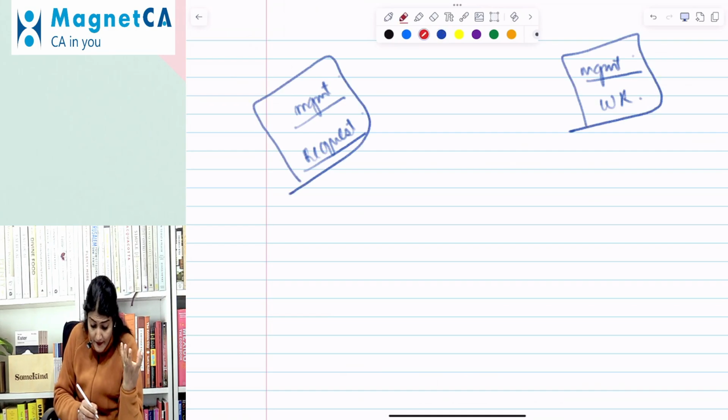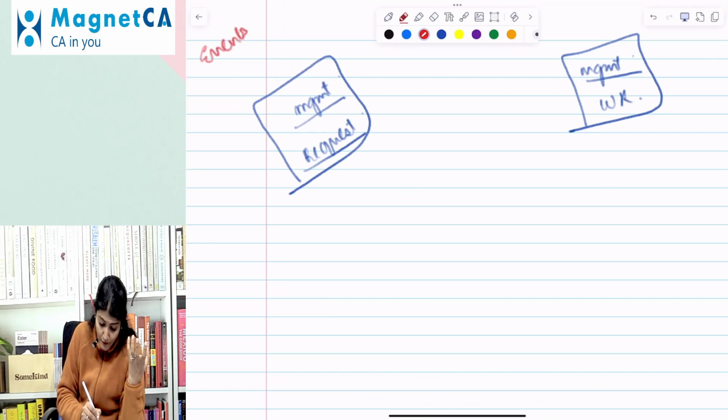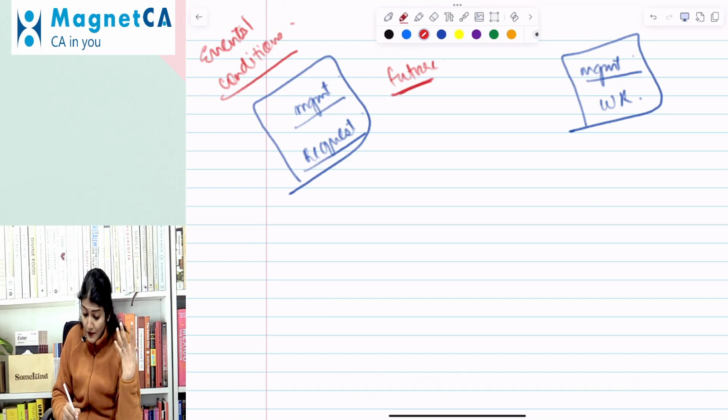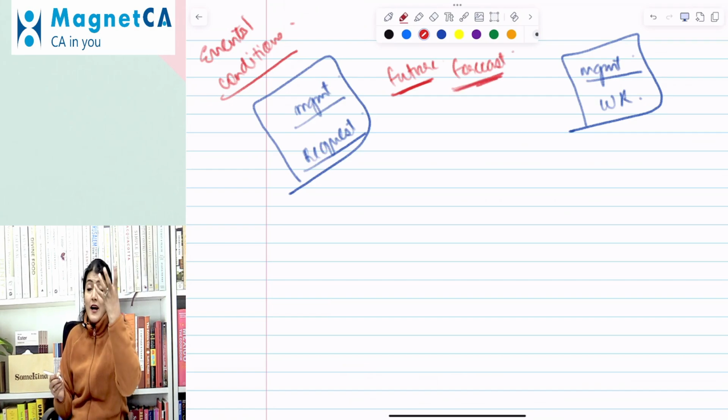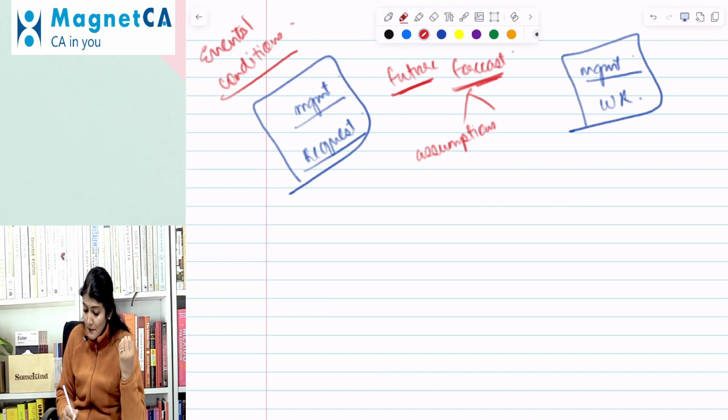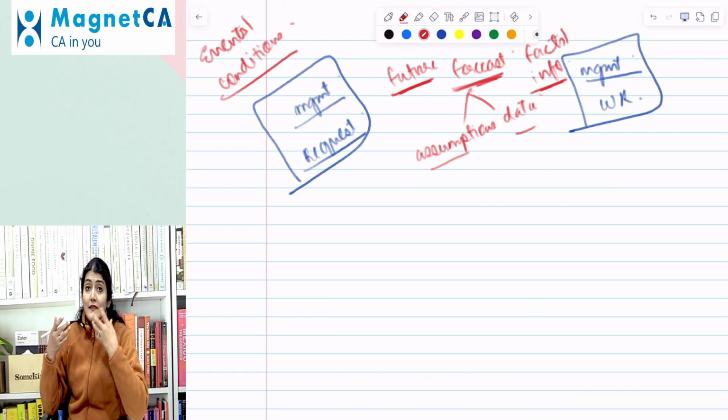Then when there is an event or condition because of which there is a doubt regarding the going concern, you are going to ask the management what their future plan is. Based on this future plan, you're also going to ask the management to prepare a forecast and provide it to the auditor. The auditor is going to check the assumptions and the data which have been used in making this forecast. And then the auditor will also consider any additional facts or information beyond the period of the management assessment.